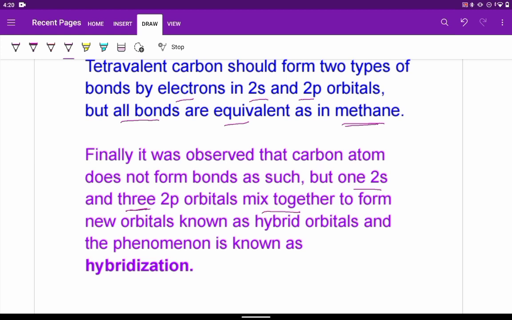After mixing we get new orbitals. These new orbitals are known as hybrid orbitals, and this phenomenon by which we get the hybrid orbitals is known as hybridization. And after hybridization, the orbitals which we get are equivalent. So now all the bonds which will be formed will be equivalent.